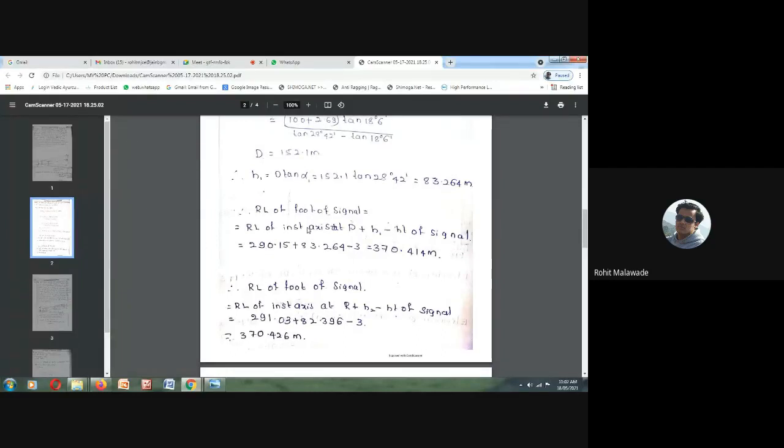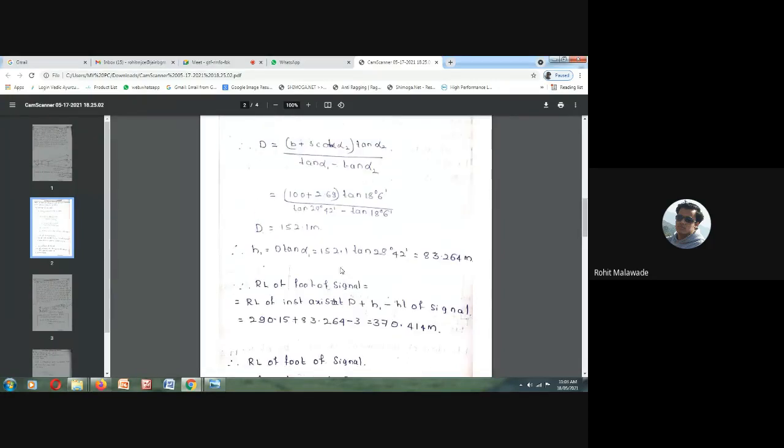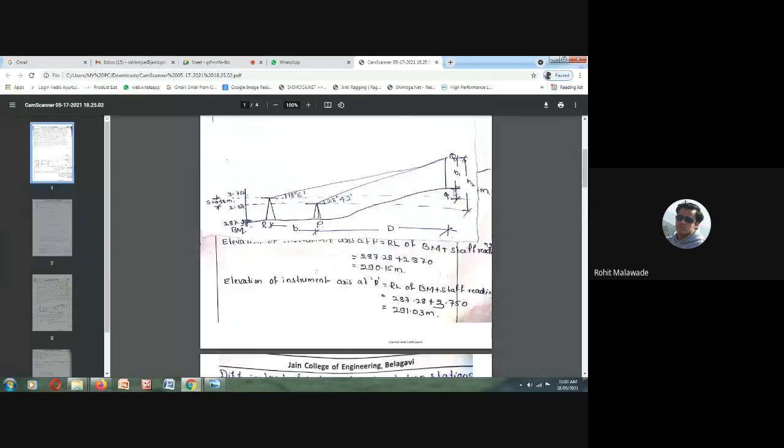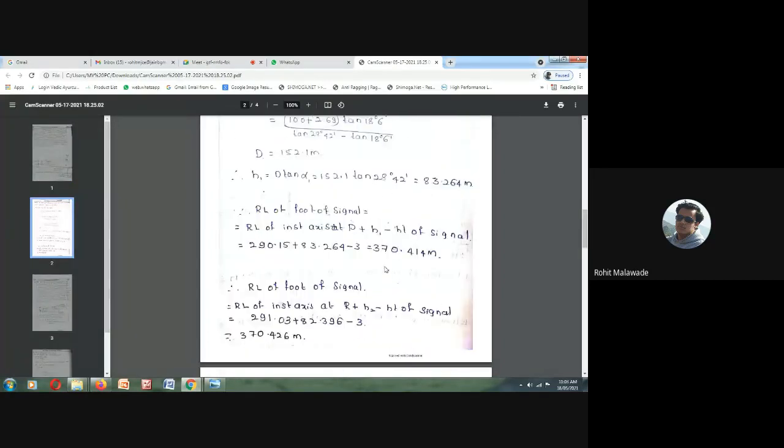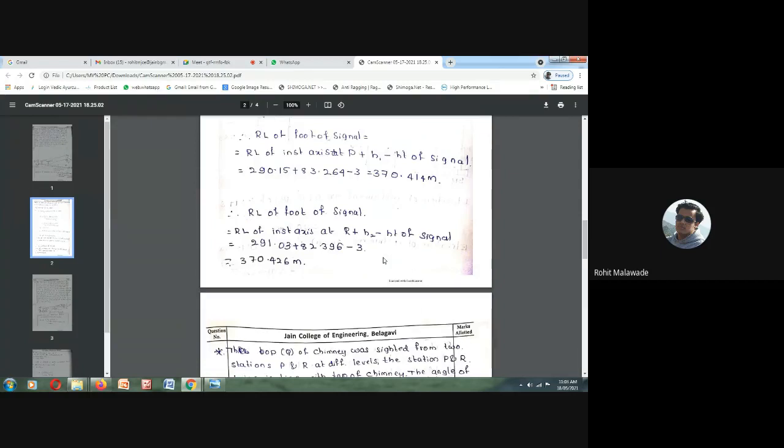Here the RL of the instrument axis P we have already calculated. It is 290.15. H1, D tan alpha 1, we have determined as 83.264, minus the staff reading. Here we want the reading at the point Q, to ascertain the elevation of the foot of the signal.